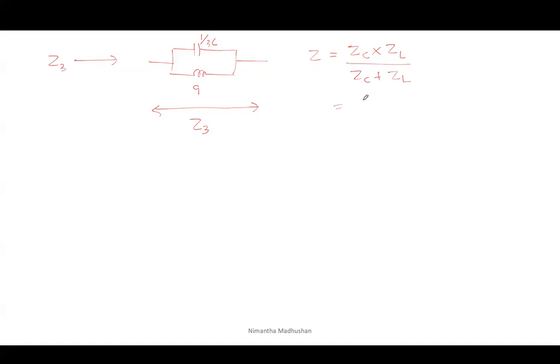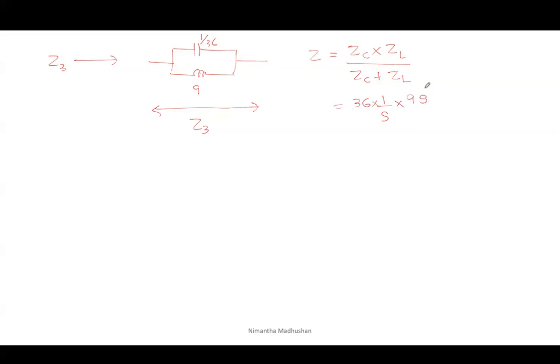Here, impedance of the capacitor is 36 over S, multiplied by 9S, sorry, for this one, 36 into 1 over S into 9S.